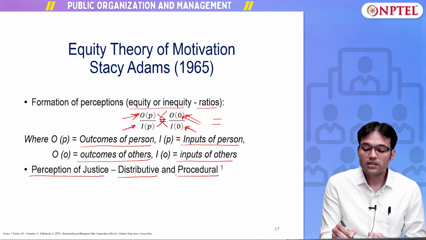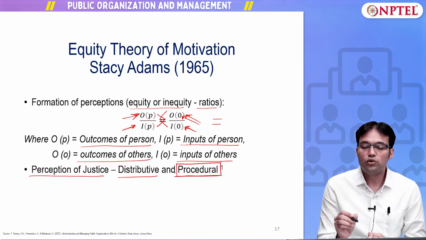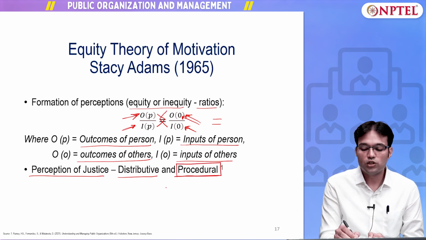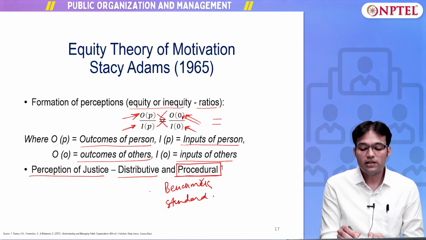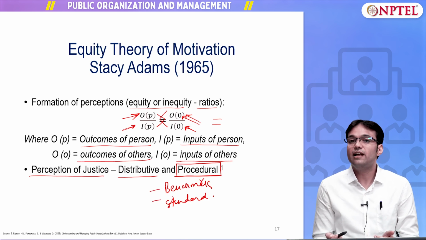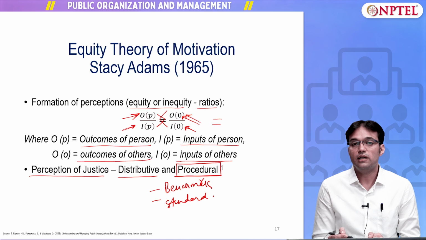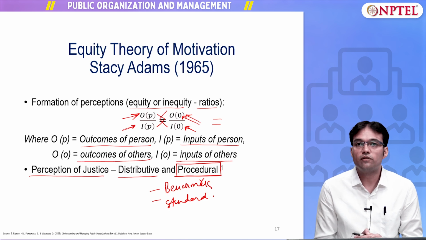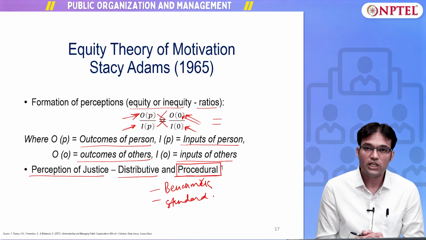The procedure being used should be the same for everybody, the same benchmark, the same standards used for evaluating somebody's performance. It is important. If there is a difference in the benchmark and the standards, then there is no procedural equity. The procedure used to evaluate somebody's performance is not the same, so one can perceive inequity there.